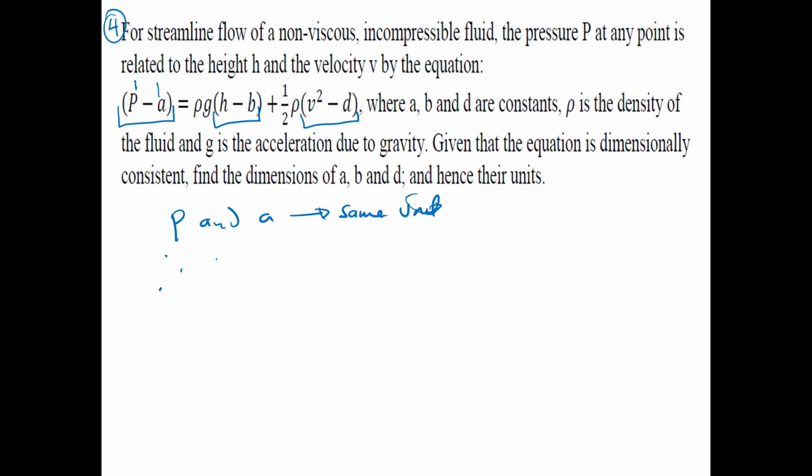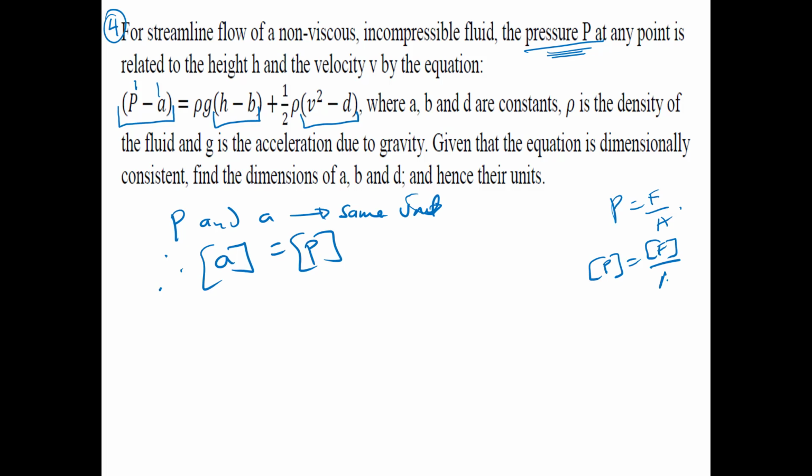Therefore, you simply conclude that by saying that dimensions of A are the same as the dimensions of P. And what is P equal to? P is the pressure. Pressure is equal to force over the area. So meaning that the dimensions of P is the same as the dimensions of force over the dimensions of area. Do you remember the dimensions of force? If you don't remember, use the equation. Force is the same as mass times the acceleration, over the dimensions of area.